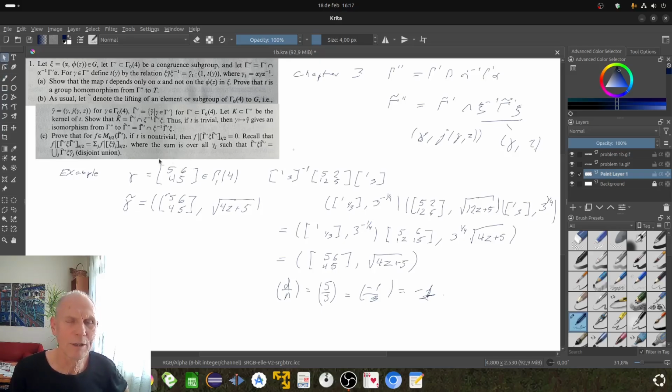So I get that this matrix lies in the kernel, and by problem 2 it shouldn't. So I need to find my mistake.